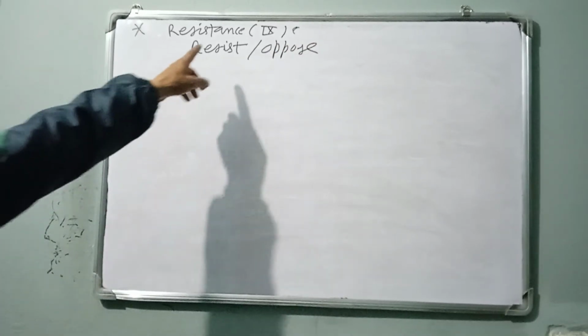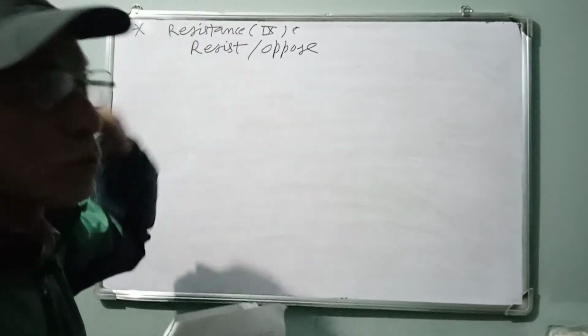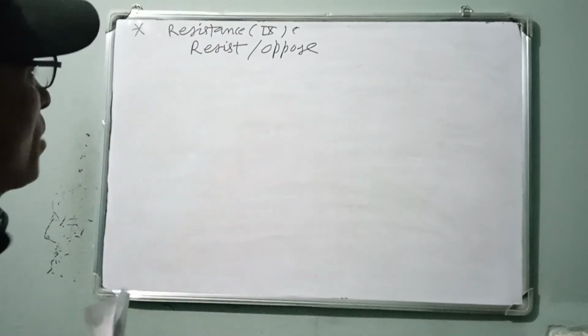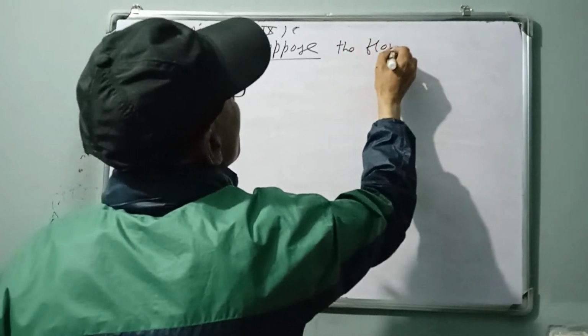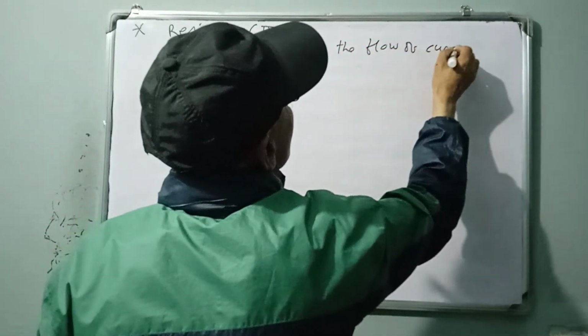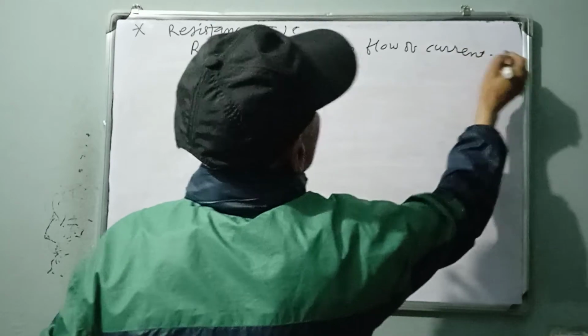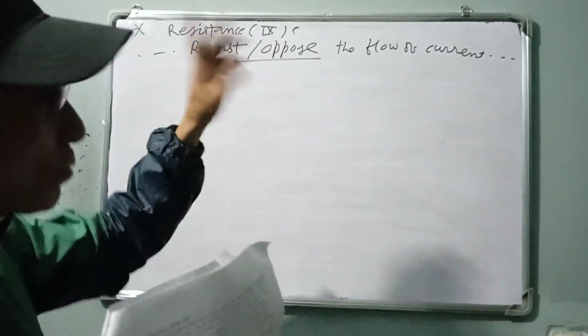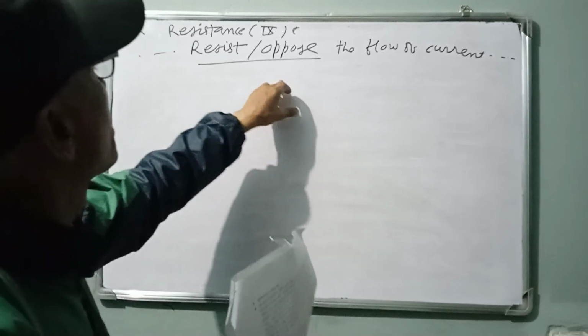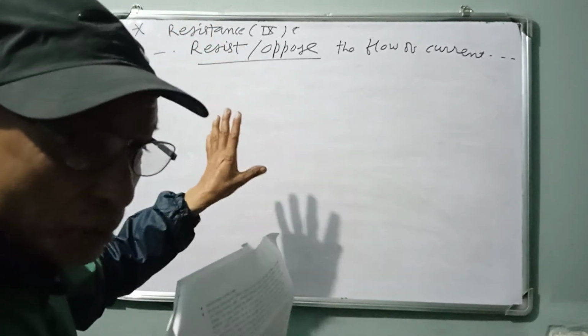Resistance means the special property of a substance to stop the flow of current. Resist, oppose the flow of current. Here I have not written the full definition because the students will have to write down themselves. इसको definition विद्यार्थी आफैले लेख्नु पर्ने छ.